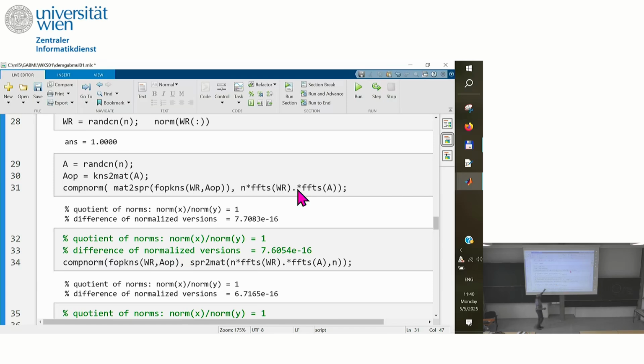So what is one possible way to realize this convolution? I'm saying, you give me an operator. I'm computing this object here, which is the spreading representation, and there are fast algorithms. I multiply it with the symplectic Fourier transform of the function, the weight here, and then I'm going back and make a matrix out of it. But at the end, if we stay at the Kohn-Nirenberg symbol, it's just convolution.